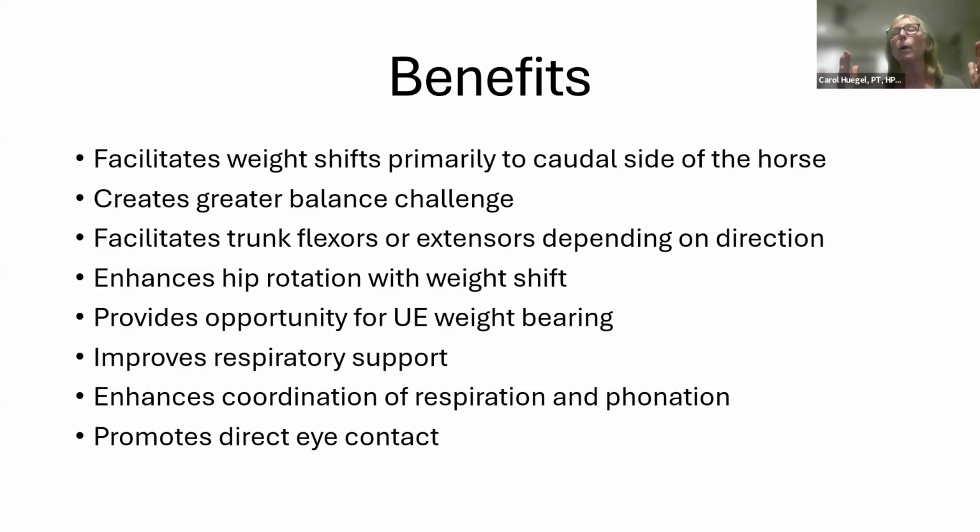You want to start in this position, but you eventually want to get them so that their right side is towards it, realizing that they're going to get a greater challenge. So be thinking in your head about which side you are turning them to, and is there a reason, or do they not really have an asymmetry and you just want to provide them the opportunity perhaps to both sides.